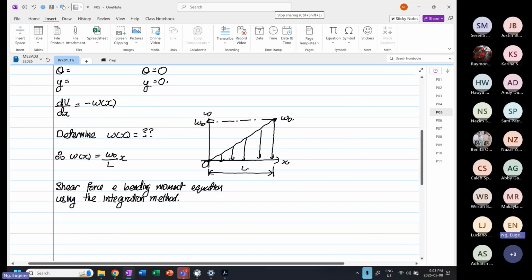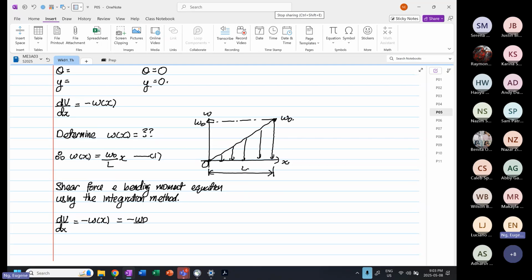We know that dv by dx is equal to minus omega as a function of x. Can you put this as equation number 1? From equation number 1, this is minus omega naught over L x.